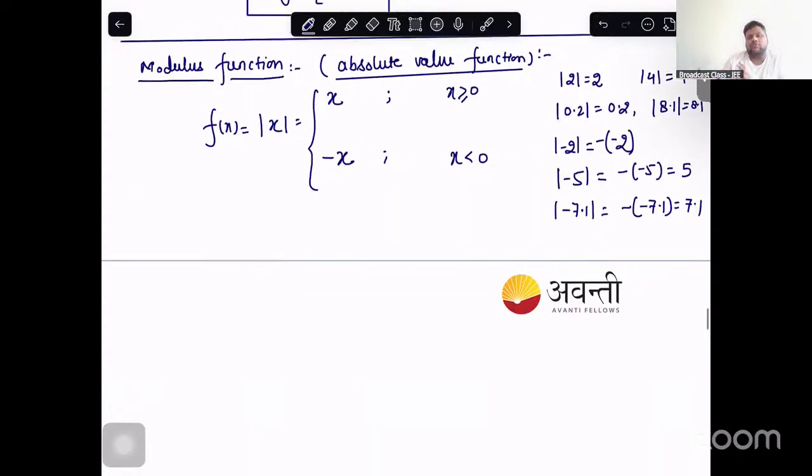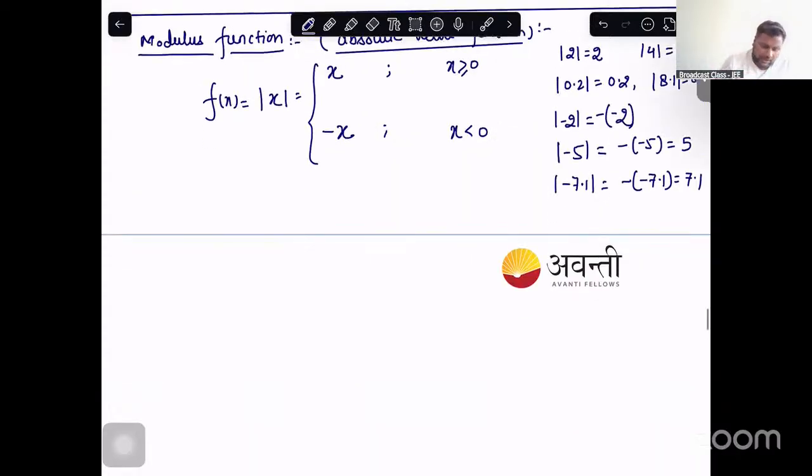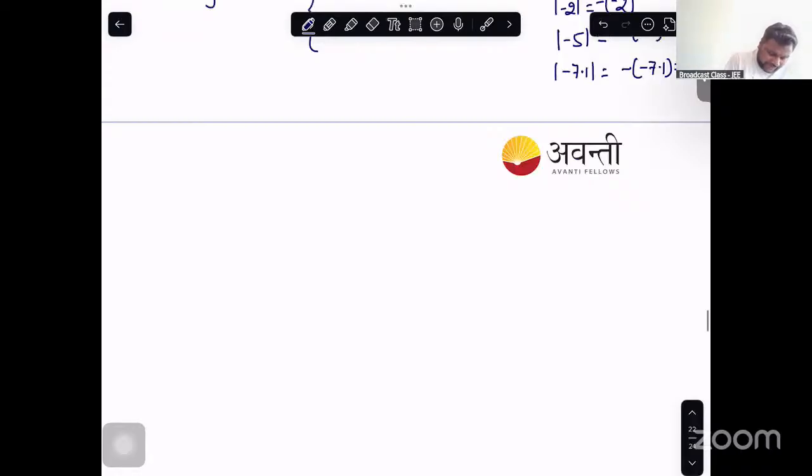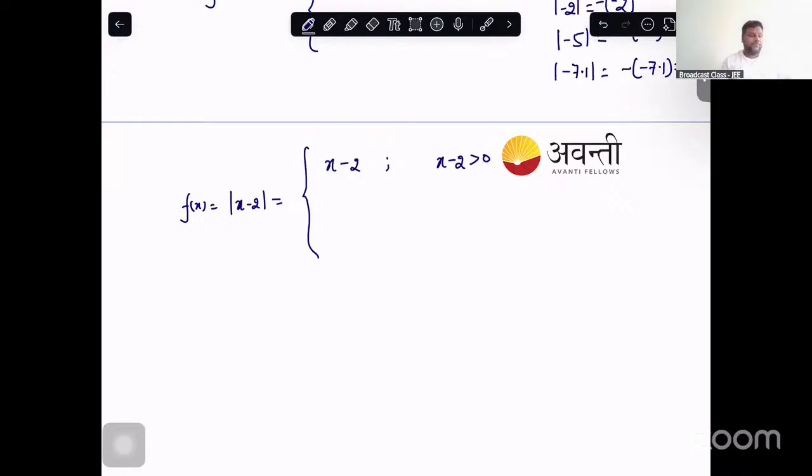So this is how modulus works. Now if I ask you f(x) equals mod of x minus 2, stay completely conceptual. If x is greater than or equal to 2, the quantity inside the modulus is positive, so it comes out directly as x minus 2. If x is less than 2, it comes out after multiplying with a negative sign.